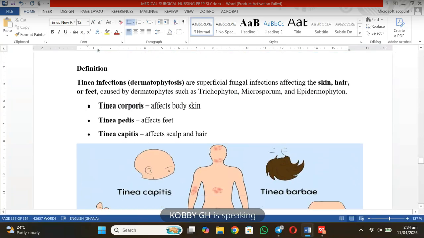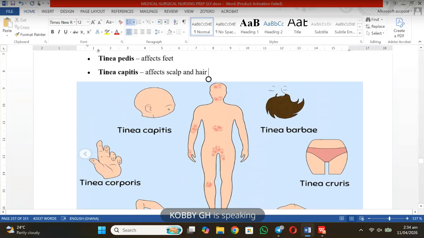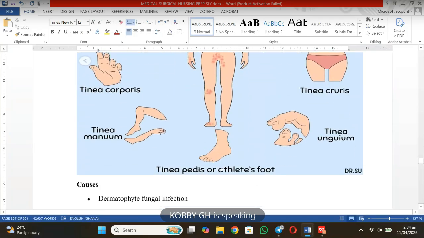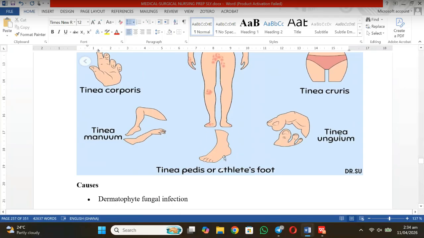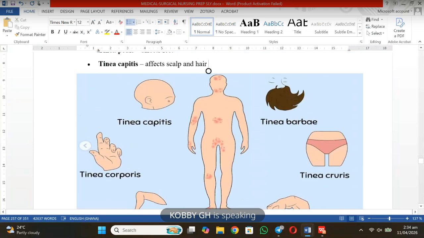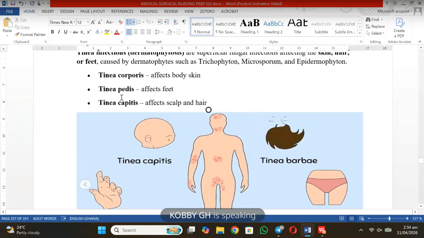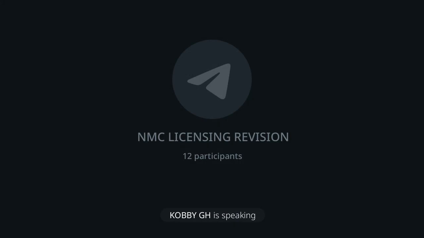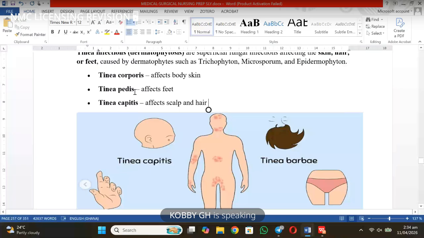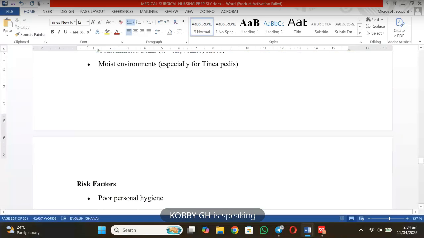And when it is affecting the feet, this is tinea pedis. So we have the tinea pedis, tinea corporis, and tinea capitis. Those are the common ones that you have to concentrate on.